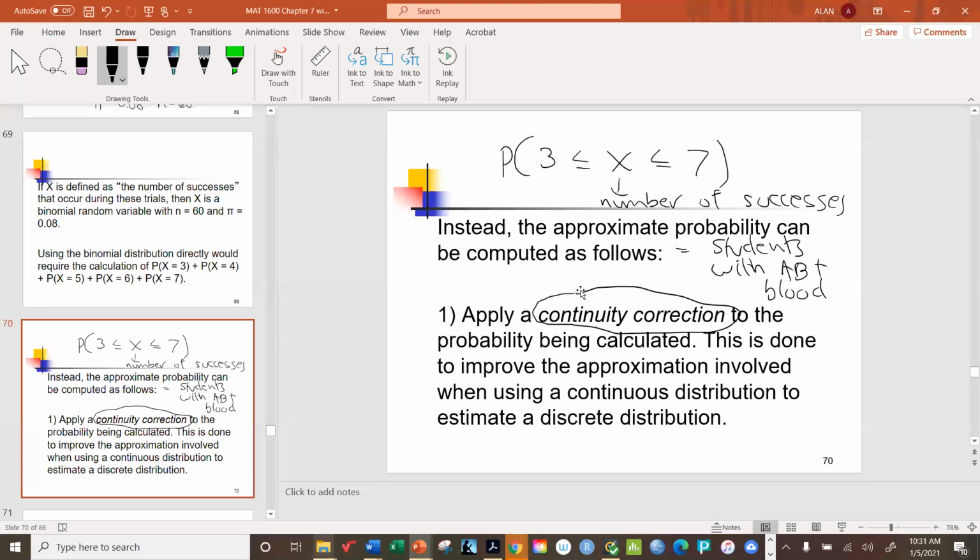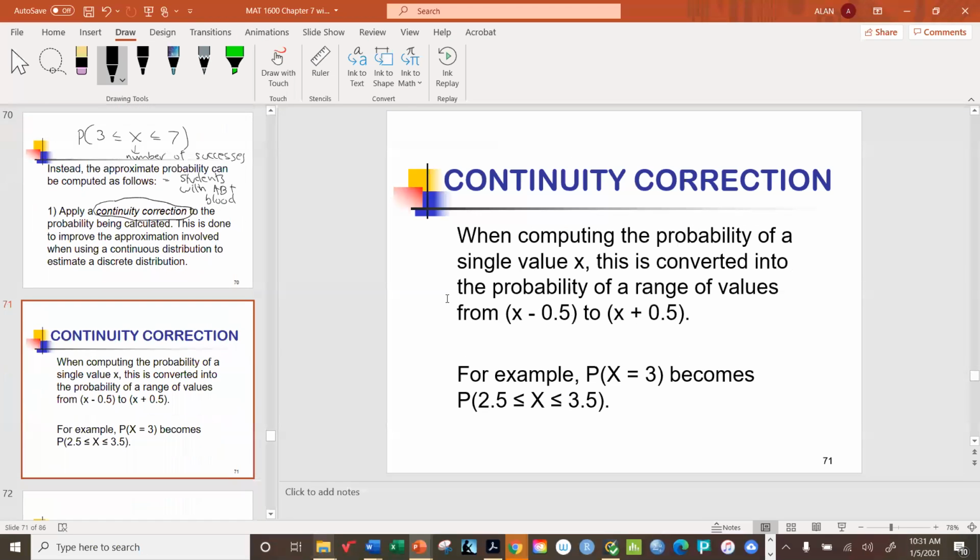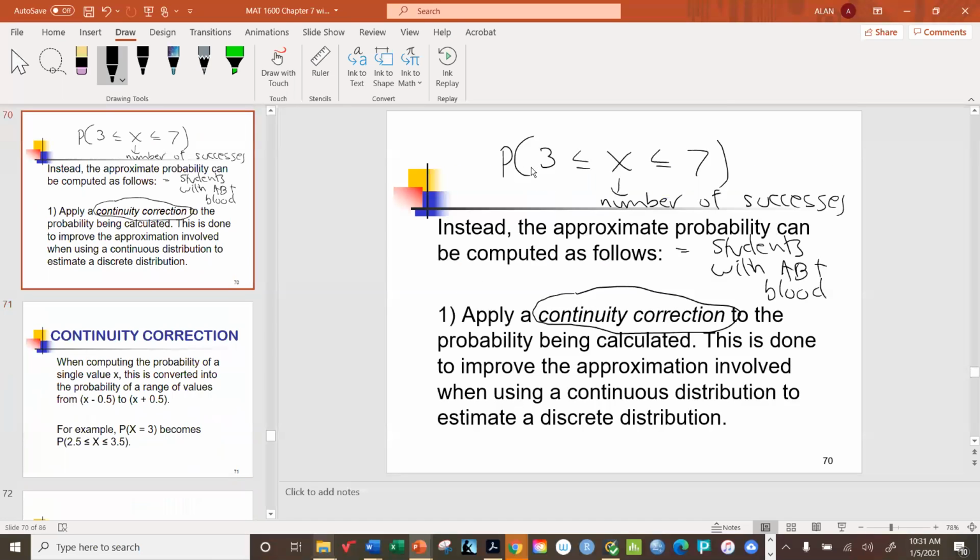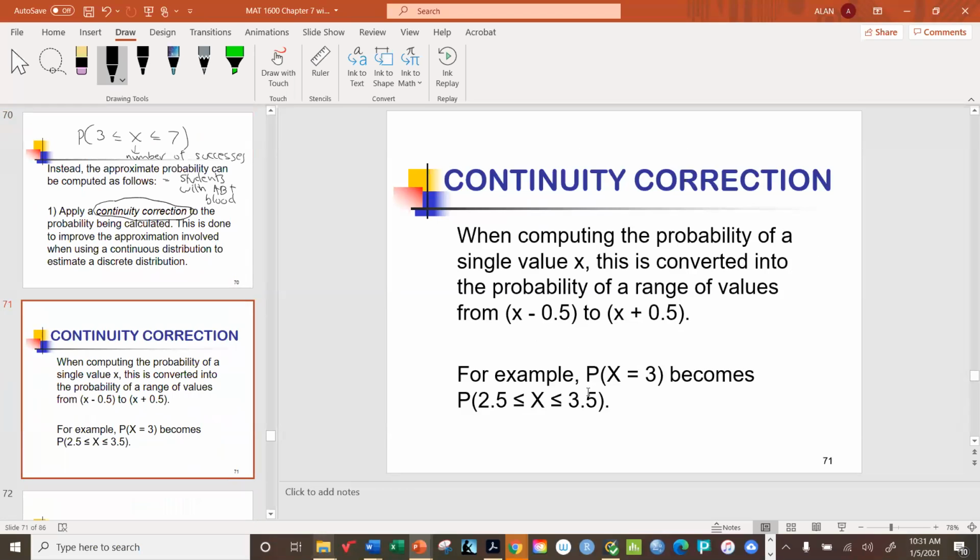Now, how do we actually go about this? The continuity correction is designed to improve the approximation, and what you're essentially doing is taking your interval and widening it by subtracting a half from the lower limit and adding a half to the upper limit.